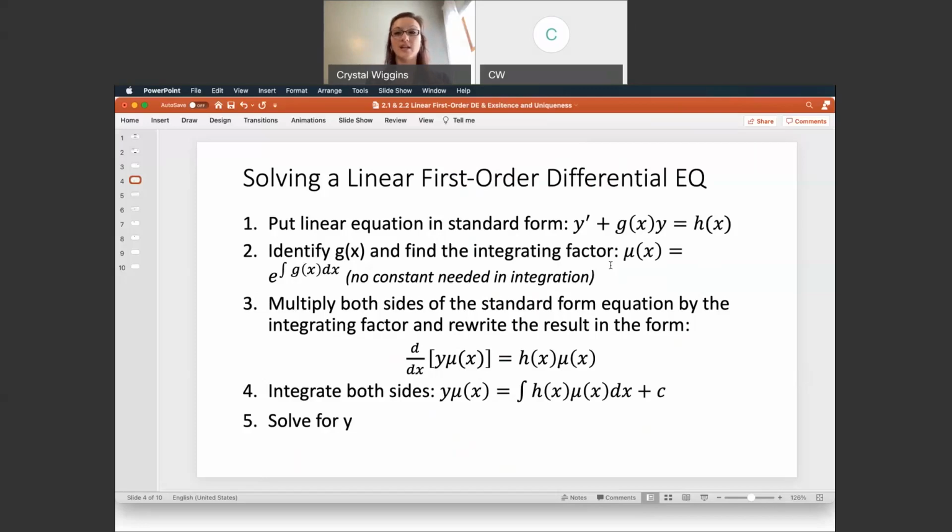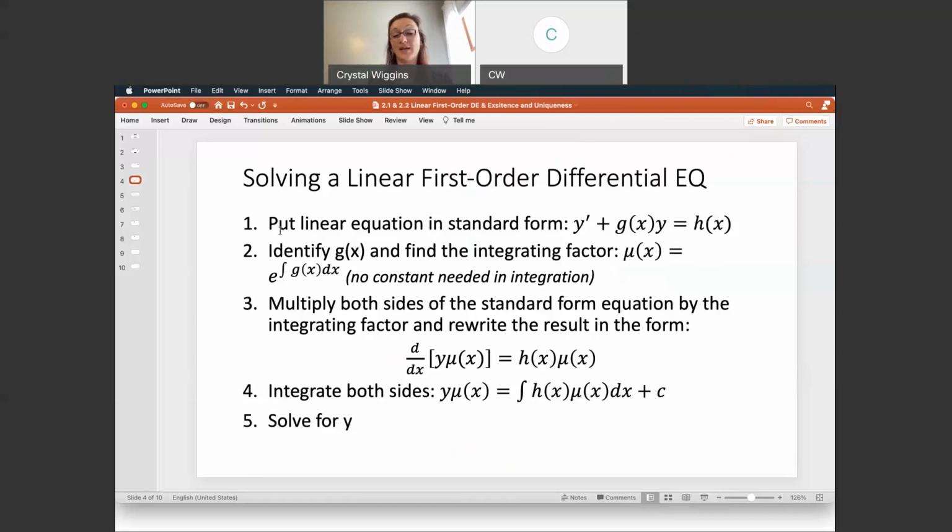That is when we could separate the x's and the y's on separate sides of the equal sign and integrate respectively. That is one of the easiest methods for solving a differential equation. Unfortunately, being a separable differential equation is not always, one, that obvious, or two, that frequent. That's a very specific type of differential equation.